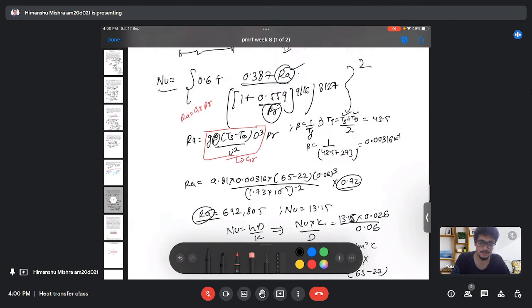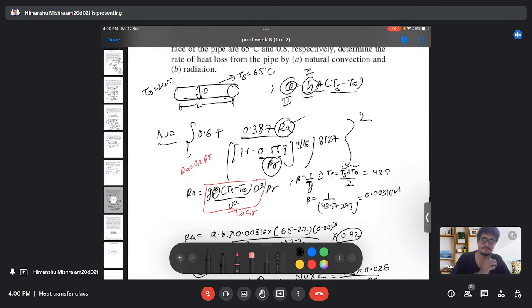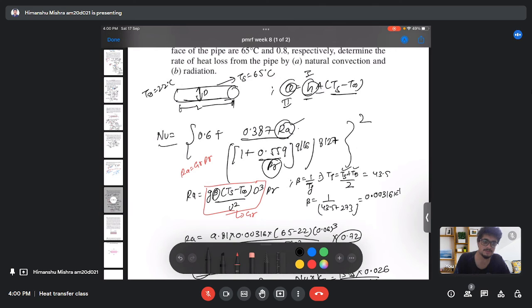So in this question we need to find the heat transfer rate. We have been given the dimensions of the tube, and the question says that the heat transfer is accomplished by free convection or natural convection. So for that we first find the heat transfer coefficient.